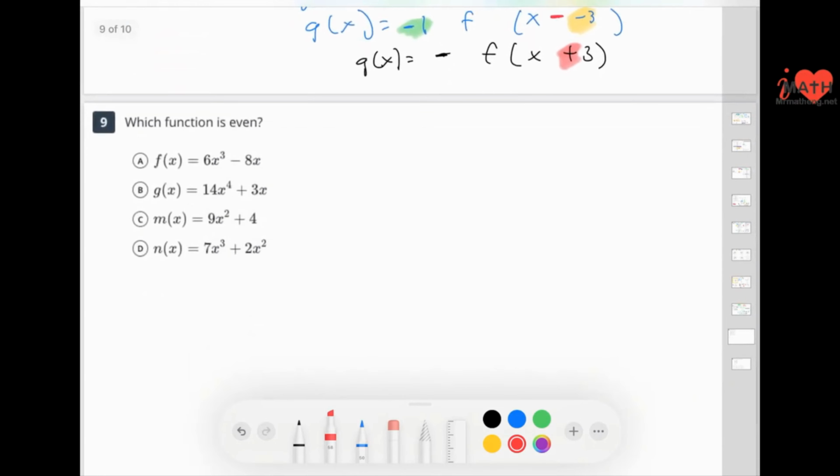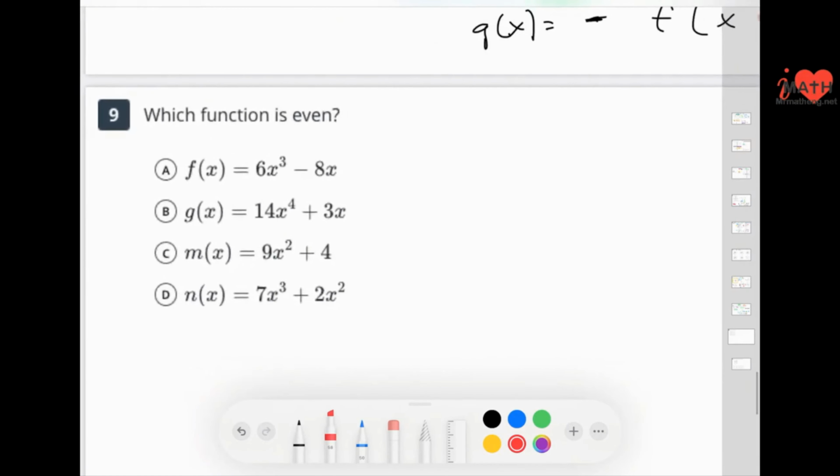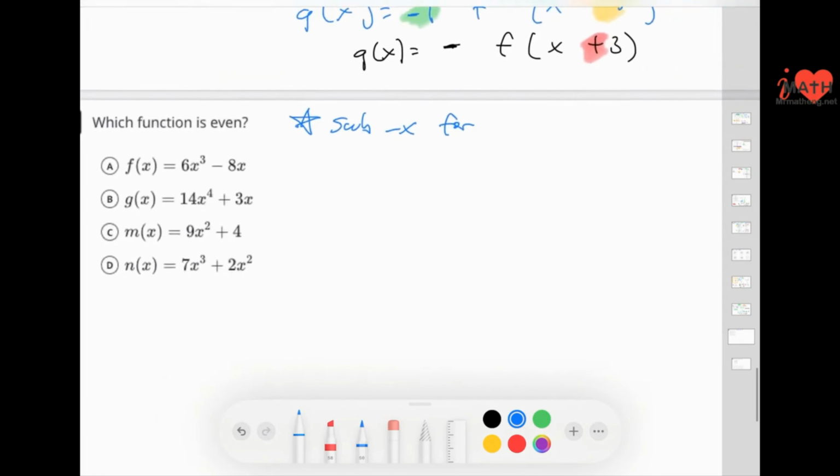Number 9, which function is even? All right, you could graph this, but we're meant to do these without a graphing calculator, so I'm not going to graph those. And this is the problem where it's f of negative x for every x.